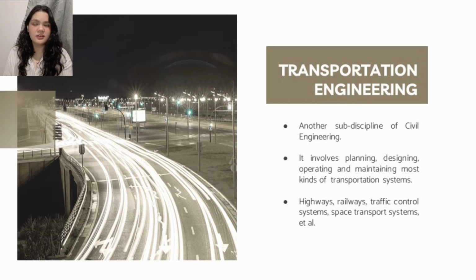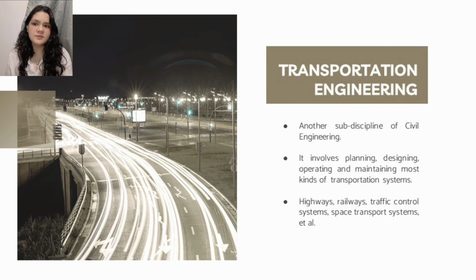Transportation engineering. This is another subdiscipline of civil engineering. An engineer of this kind has the responsibility of planning, designing, and building, as well as operating and maintaining all systems of transport in such a way as to provide for the safe, efficient, and convenient movement of people and goods.